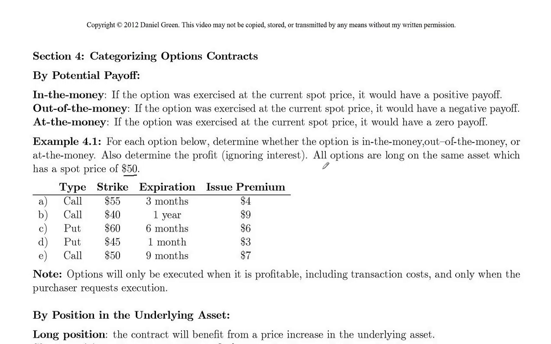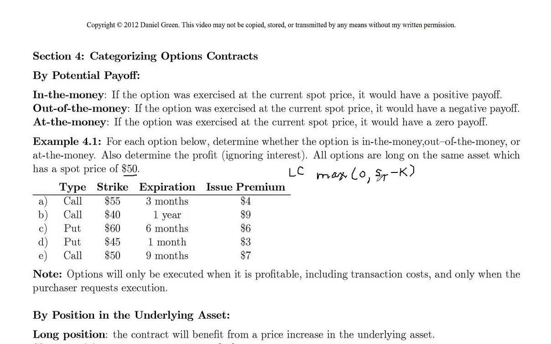And remember that the payoff for a long call is the max of 0 and spot minus strike.